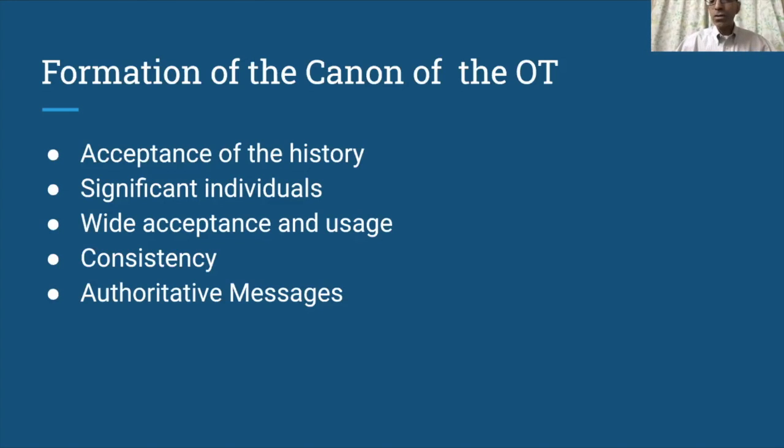Obviously, they considered Joseph a very important person, otherwise they would not include so much about Joseph. So there's an acceptance of the history, or I can also use the word selected history. And then individuals. Who are the individuals that were significant for them? Not just any individuals, but the individuals that were significant for them.